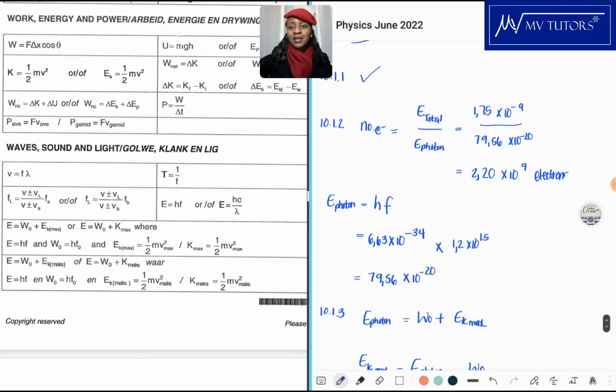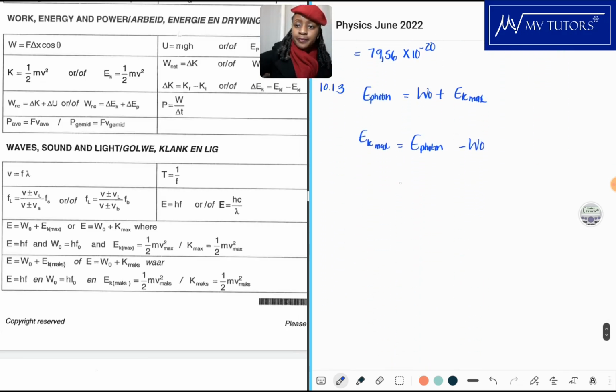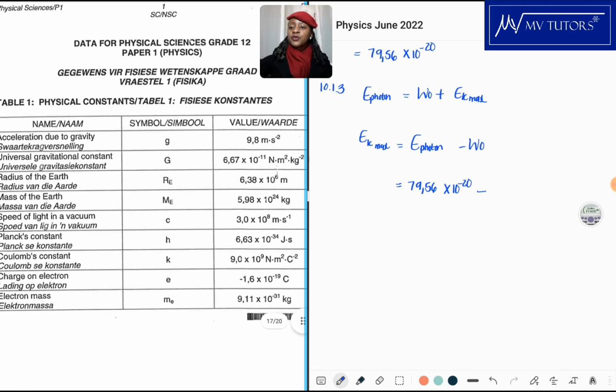Now, what is the energy of the photon? We actually calculated it last time. It is 79,56 times 10 to the negative 20. Okay, and then we're subtracting the work function. What is the work function equal to? It's equal to Planck's constant times the threshold frequency. We need to go back to the question to check what the threshold frequency is.